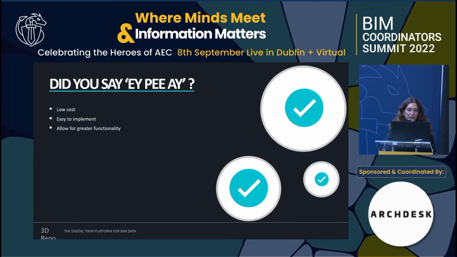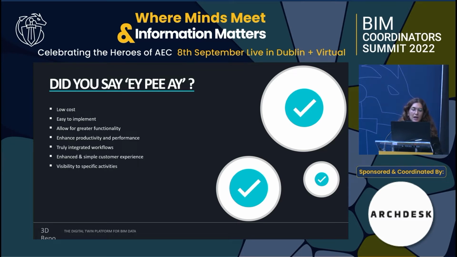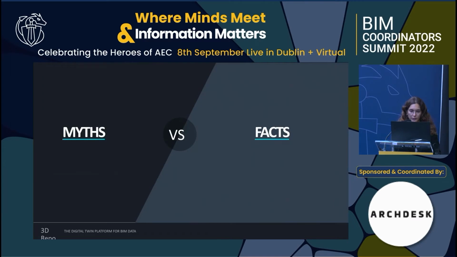It allows for greater functionality, enhances productivity and performance, truly integrated workflows, enhanced and simple customer experience, and visibility to specific activities. Then the digital resources value as opportunity for revenue growth. So for example, if I have a 3D model and some 4D planning spreadsheet on top of 2D drawings and other sources of data, I can fully add that onto the model.